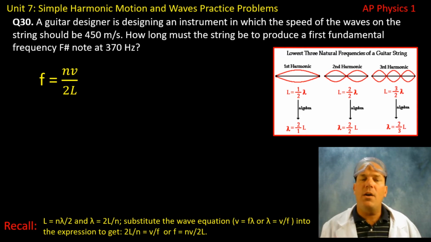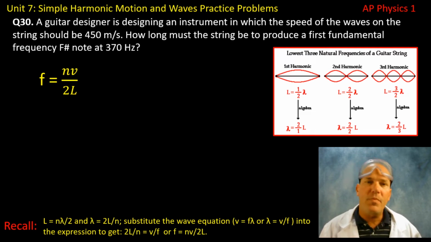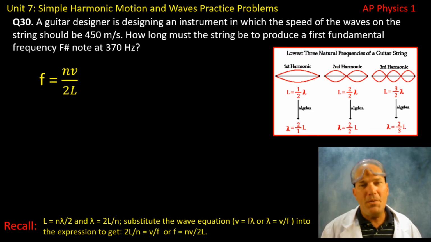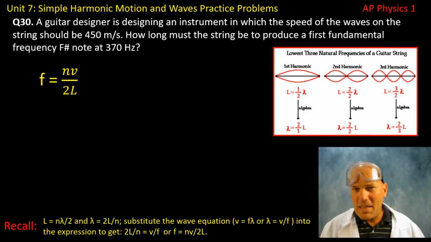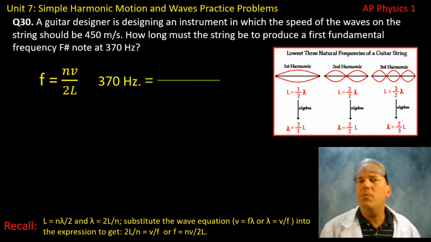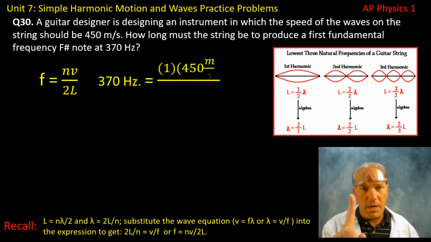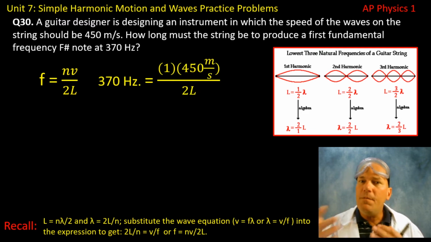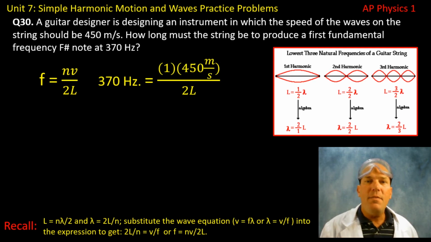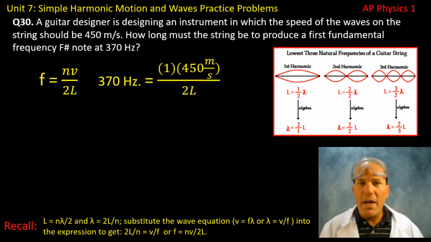We have a number of relationships that will allow us to compare harmonic number, speed, frequency, and the length of the string, or coming up soon, the length of the column. So here we have frequency is equal to the harmonic number, which is 1, multiplied by the velocity, 450, divided by twice the length.